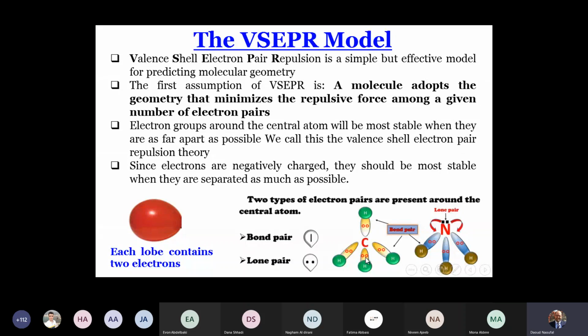I return to the example. What would happen to these bonding electrons around carbon? These 2 electrons are charged negatively, and the 2 other electrons are charged negatively. We will have repulsion between these pairs. The outer atoms will vibrate around carbon because we have repulsions.